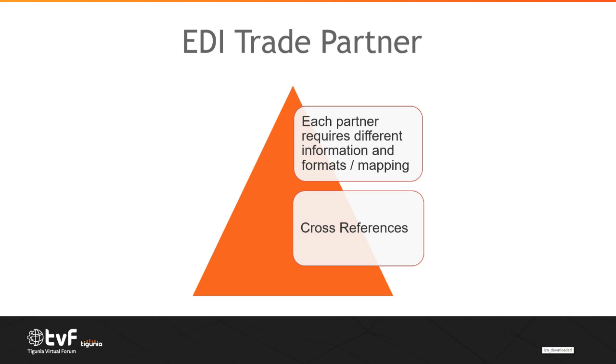So when you do EDI, each partner will have to generate their own mapping guide. This is how I want to use the 850, and these are the elements that are mandatory for me. These are optional. You can send them to me, I don't really need them, but you can if you want to.